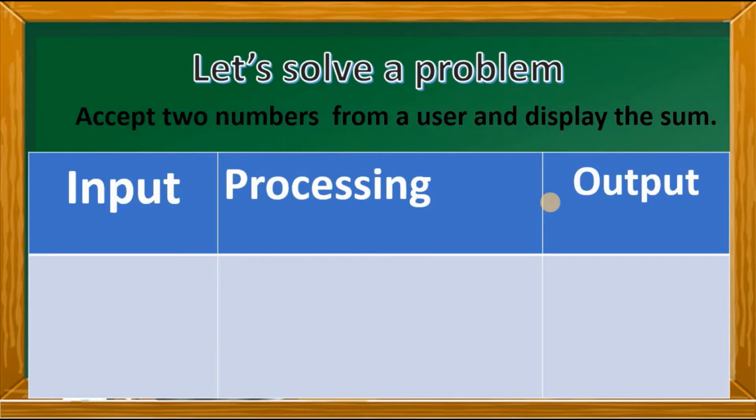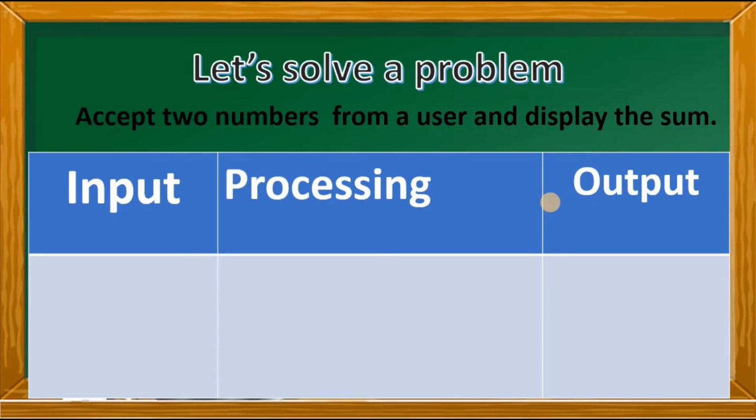Based on the problem, the input indicates what we will be collecting from our users. We know that we will be collecting two numbers from whoever will be using the computer system. We also know that at the end of the problem solving stage, the user should be able to see the sum, so the computer would display the sum to allow the user to see the final number. So currently we know what our inputs and output are.